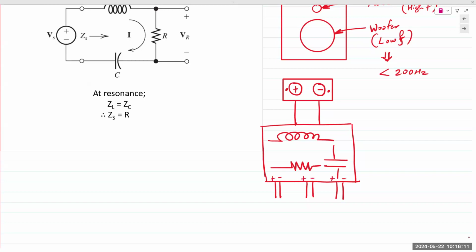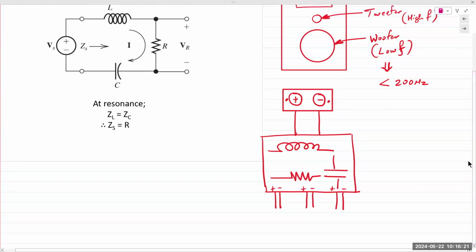Each one of these outputs goes into the individual speaker drivers. Low frequency output goes to the woofer. High frequency output goes to the tweeter, and the mid-range band of frequencies goes into the mid-range reproducer.